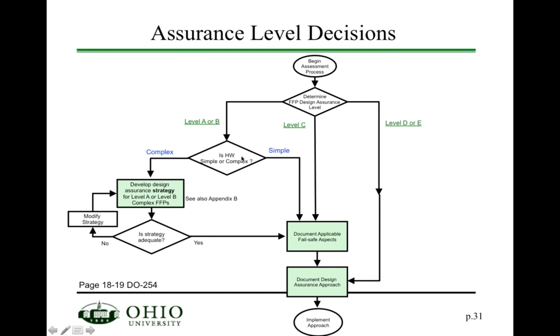If it is simple, you can just document the applicable fail-safe aspects, or how you're going to make sure that when particular components or elements fail, the system overall is not going to fail. How are you going to mitigate the final failure condition that you got? Bring that risk down.